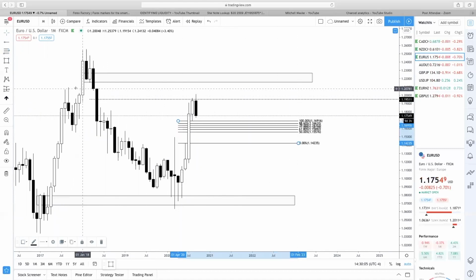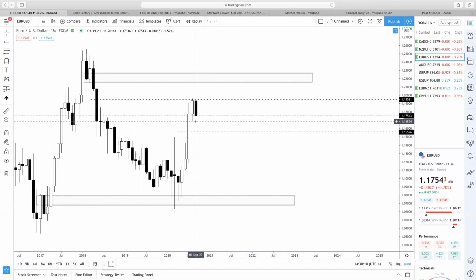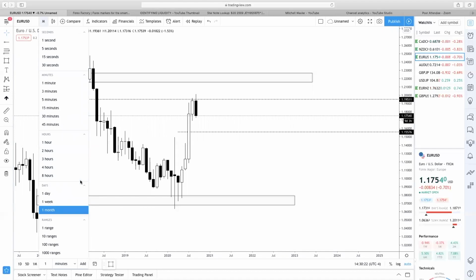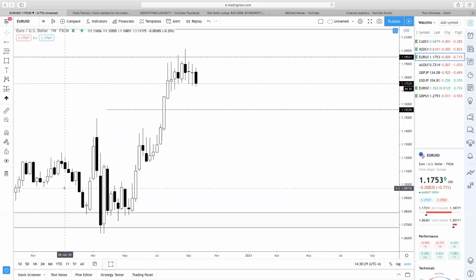So if I mark this imbalance up, mark up that 50%, I will expect Euro USD to trend down to at least this imbalance and ultimately look for buy positions back up to the upside. So that's kind of what we're identifying right now on the monthly time frame. Ultimately, we have it going up, but are experiencing a reversal.